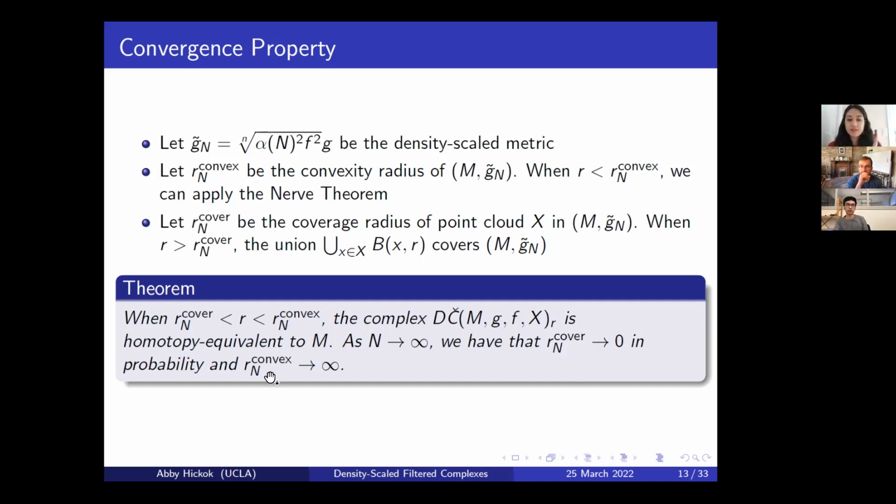So the convexity radius is like an intrinsic property of the manifold. The coverage radius is the probability part, because of course you could pick some point cloud where it doesn't cover, but in probability, this coverage radius is going to 0. Okay, cool, great, thank you. That helps clarify what's going on here for me. Thank you. Cool.